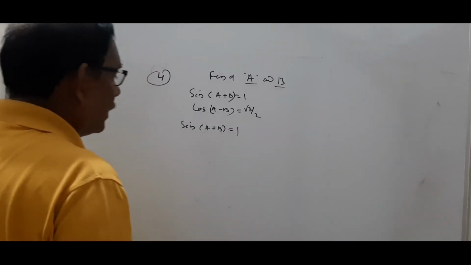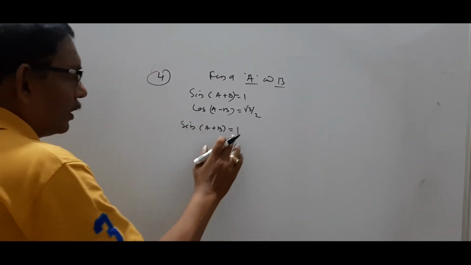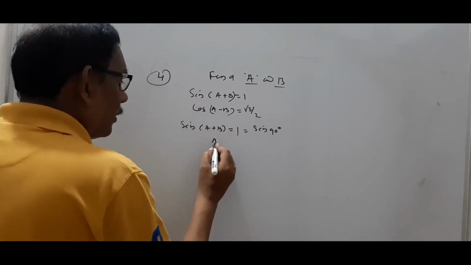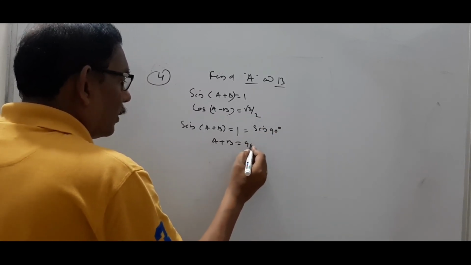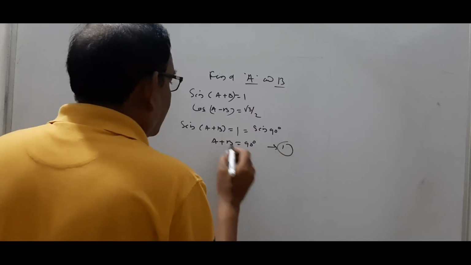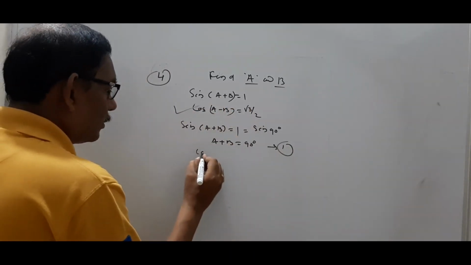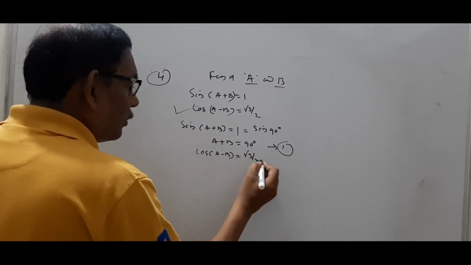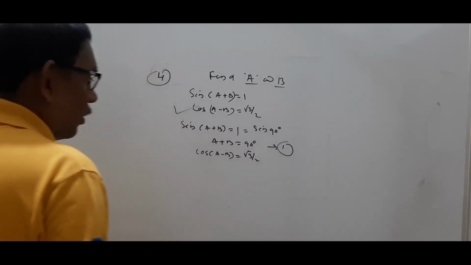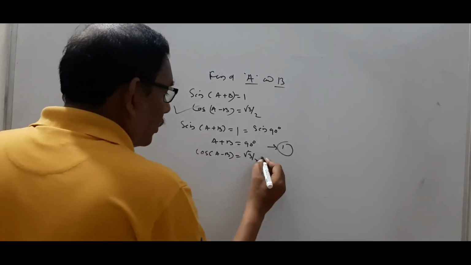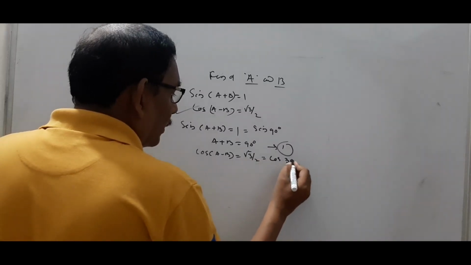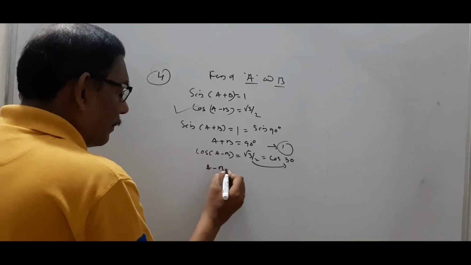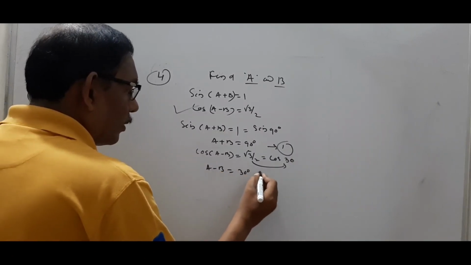You know that sin 90 degree is equal to 1. So in place of 1, write sin 90 degree. A plus B is equal to 90, equation 1. Now take the other equation: cos A minus B is equal to root 3 by 2. Cos 30 degree is equal to root 3 by 2, so write cos 30 degree. So now A minus B is equal to 30, equation 2.